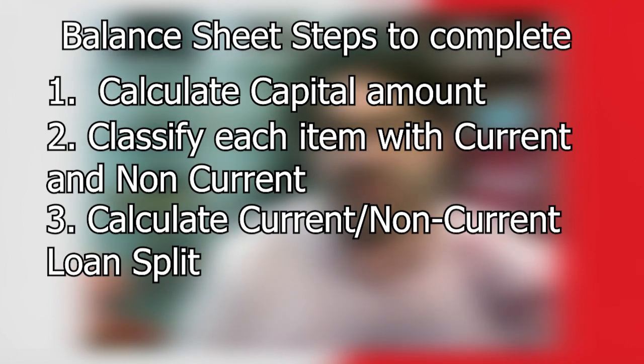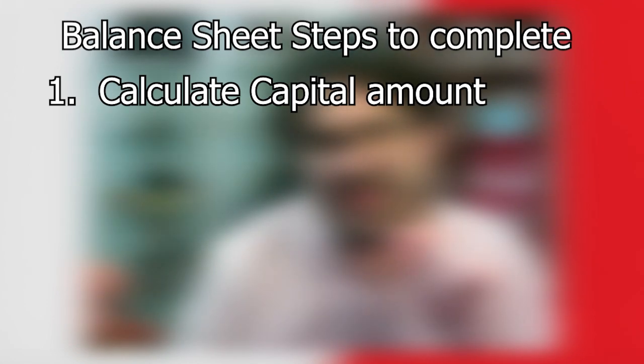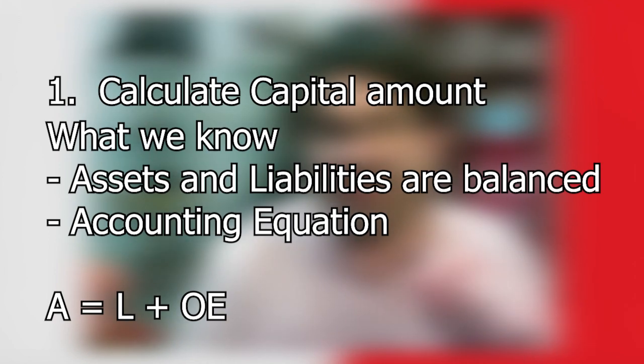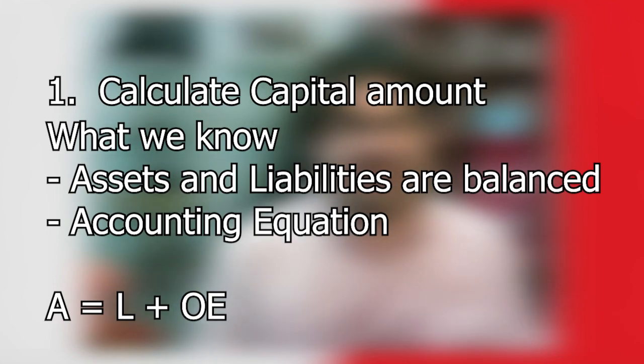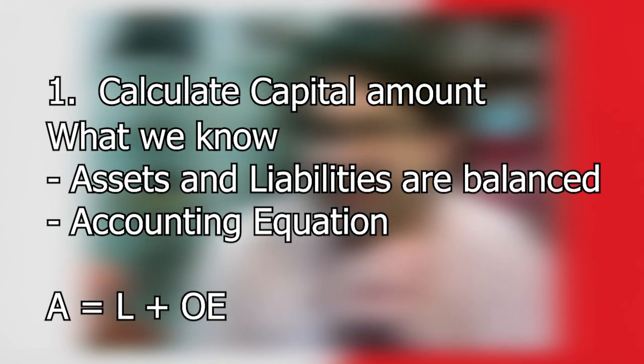What we need to do when we're making these balance sheets, the very first thing, is calculate capital, and there's a nice simple way. Now, A equals L plus OE. That means total assets is 85,000, therefore total equities, L and OE, also needs to be 85,000. That's balanced, or left equals right if you're in year 12.